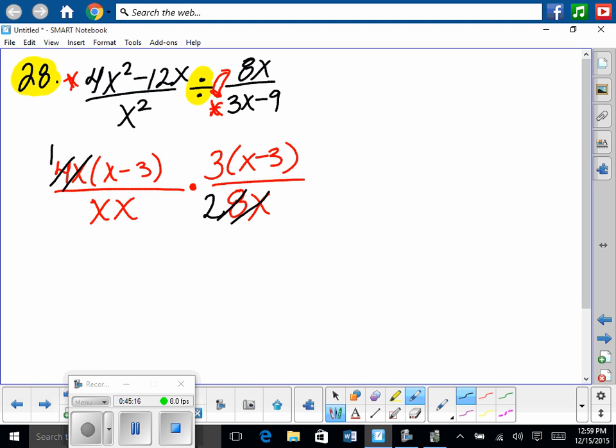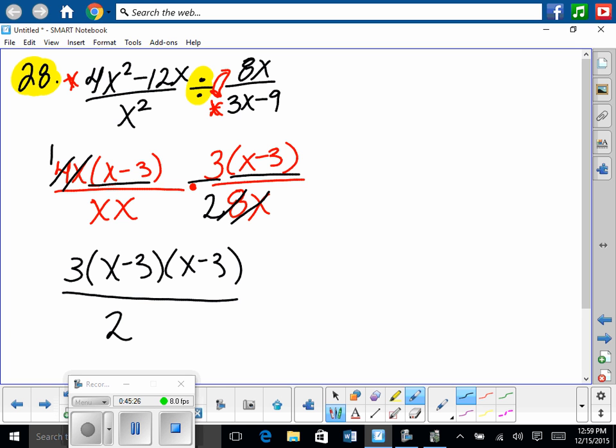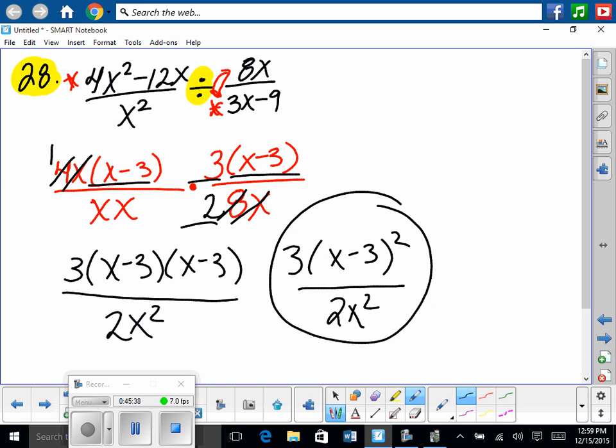So left was x minus 3 times x minus 3, and then our 3 left. And then on bottom we have a 2 and an x squared left. So the prettiest way to write this is x minus 3 squared, over 2x squared. So this would be our final answer here.